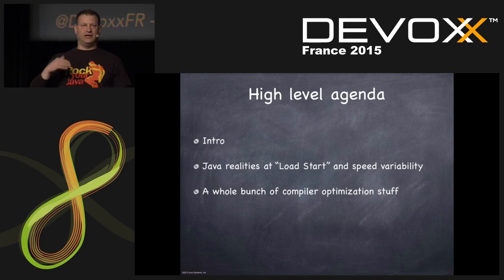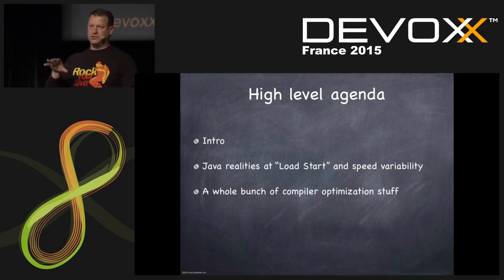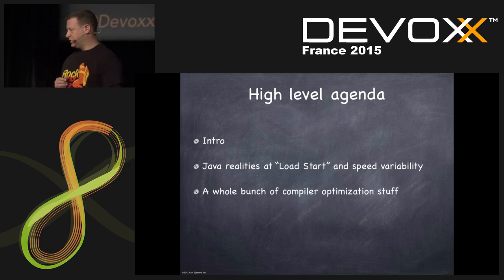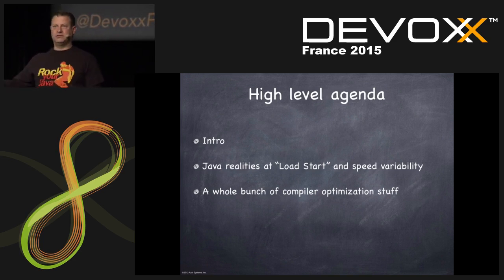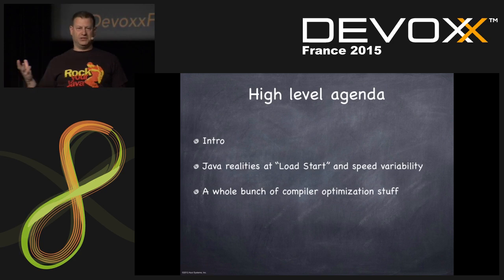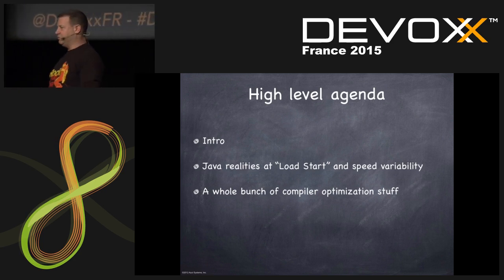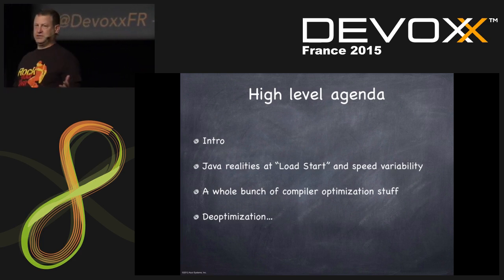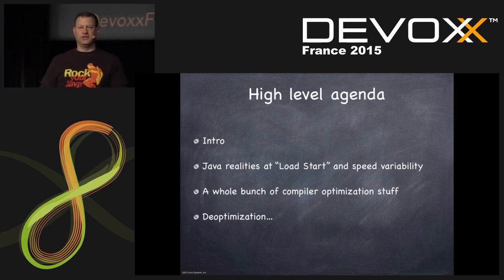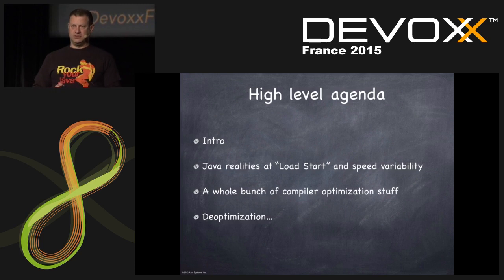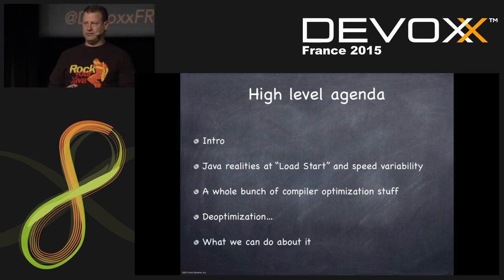You don't have to have a compiler optimization background to understand this. I'll start simple and build up from there. And if you actually look at the rest of the talk, probably most of the subject here will actually be how compiler optimizations work in a JVM. We'll then talk about the problem itself, and look at some demonstrations of that happening, and then talk about what we can do about it.